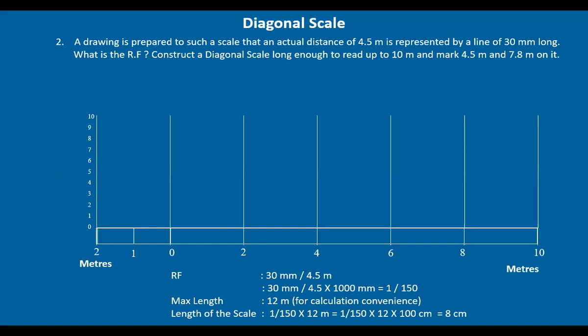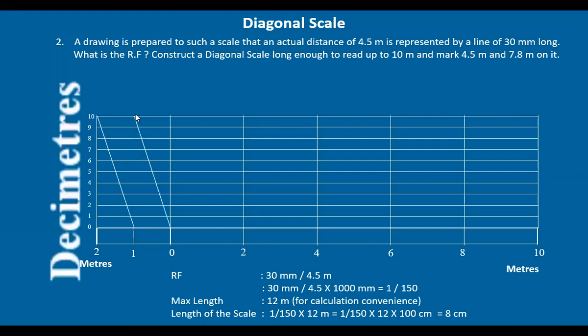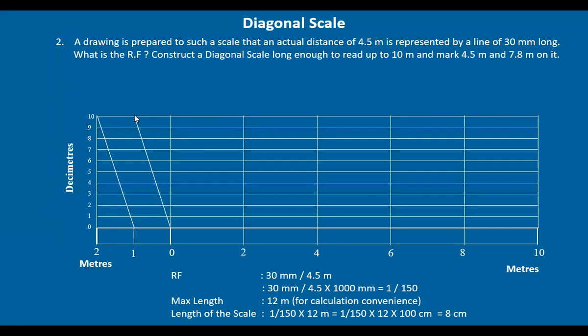So take 10 points on this vertical line. Now draw horizontal lines. And from here, suppose you take the corresponding point 1 here. Join this point with the 0.